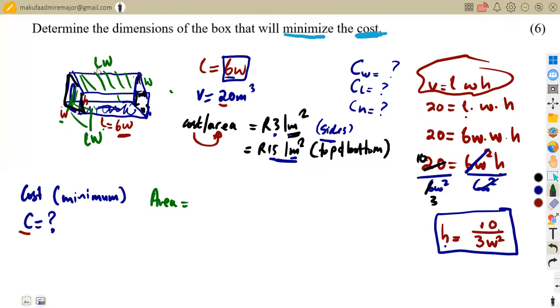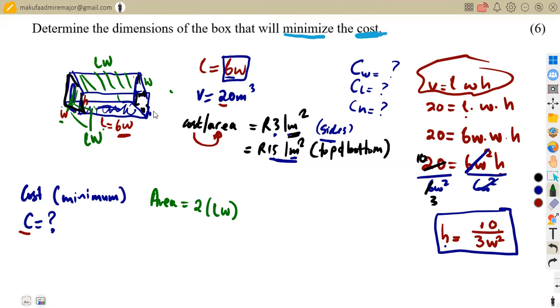In this case, the top and the bottom, we've got length and width. So it's going to be 2 times the length times the width, which is the length times the breadth in this case. Then we also have the height and the width, and also the height and the length in this case.